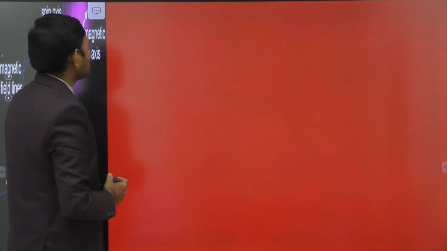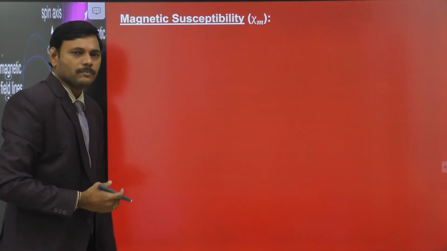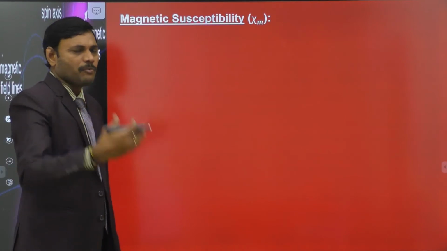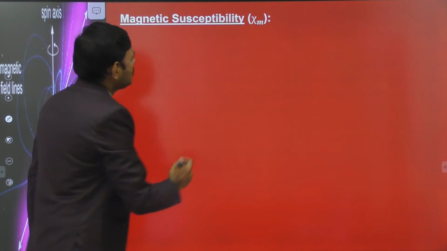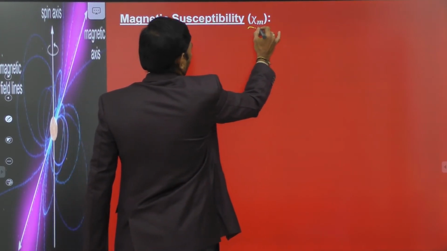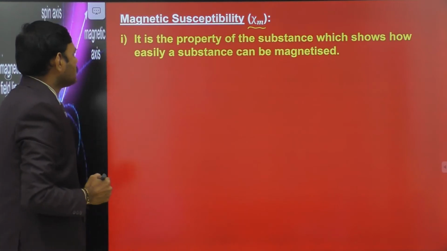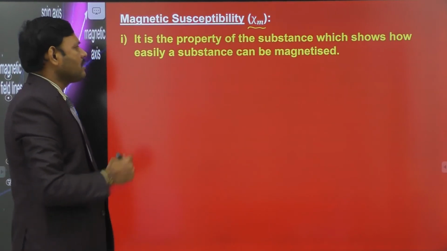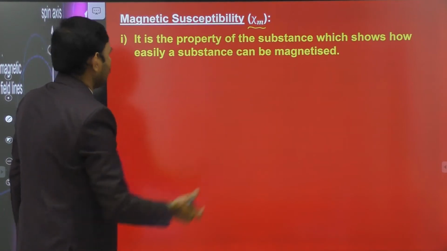So let us move on to one more definition in the parameters of magnetism, that is magnetic susceptibility, Xi-m. It is the property of the substance which shows how easily a substance can be magnetized.